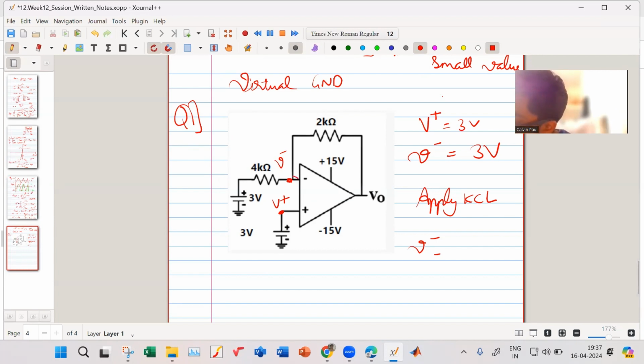What is the current flowing into the op-amp over here? 0. This current is 0. So the current flowing over here should be equal to the current flowing over here.